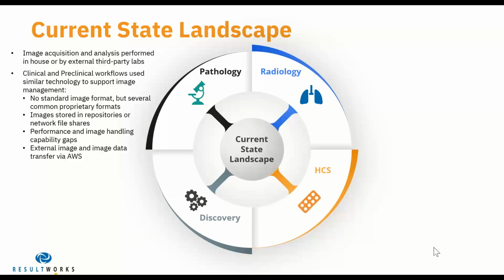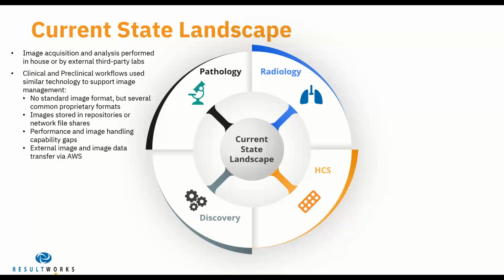So let me drill into this a little bit. What did we learn from the current state? So on the pathology front, really image acquisition and analysis was both performed in-house and by external third-party labs. For clinical and preclinical workflows, they use similar technologies to support the image management. However, there was really no standard image format.